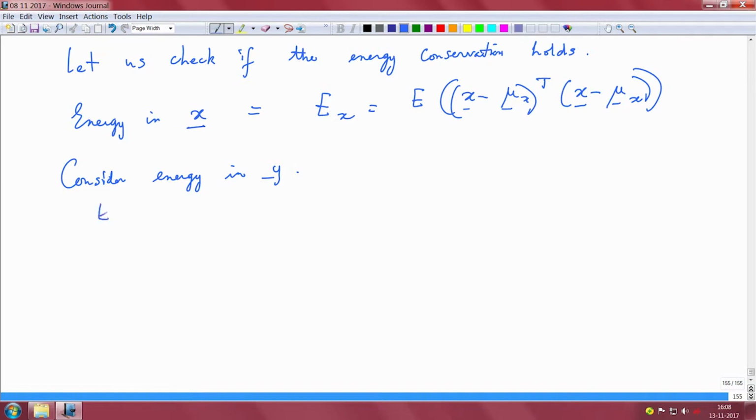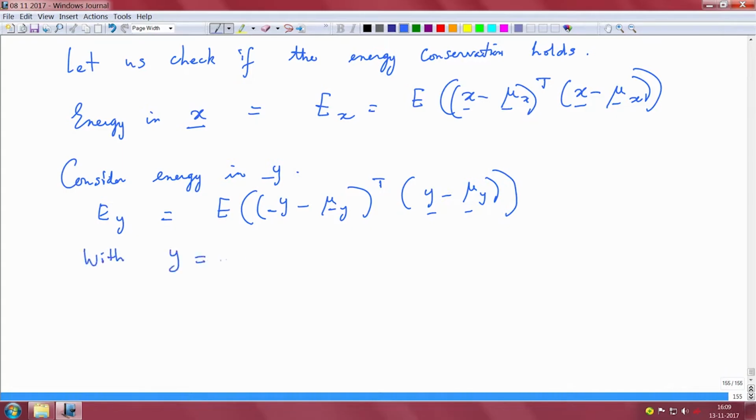Energy in y is Ey, which is the expectation of (y minus mu y) transpose times (y minus mu y), right, with y equals psi inverse x, where psi inverse is some matrix such that psi inverse equals psi transpose.